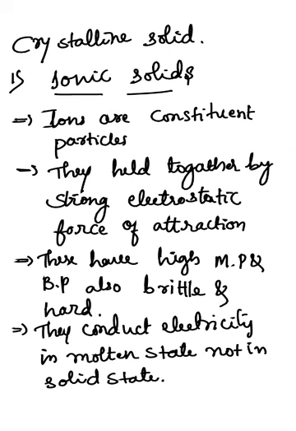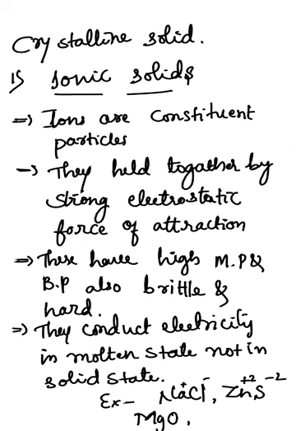Because of the presence of charges on the ions, they start to conduct electricity. Example: NaCl. Second is zinc sulfide. Then MgO and cesium chloride are the best examples for these ionic solids.